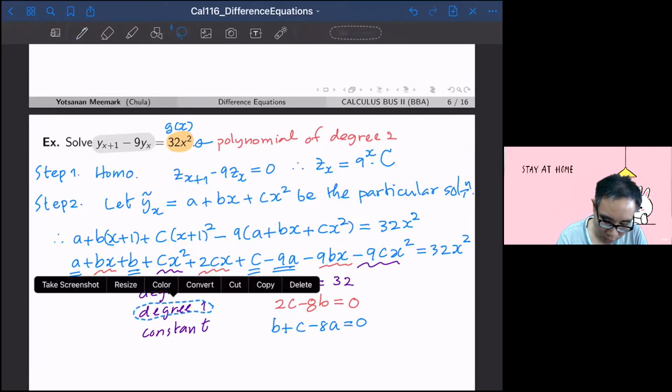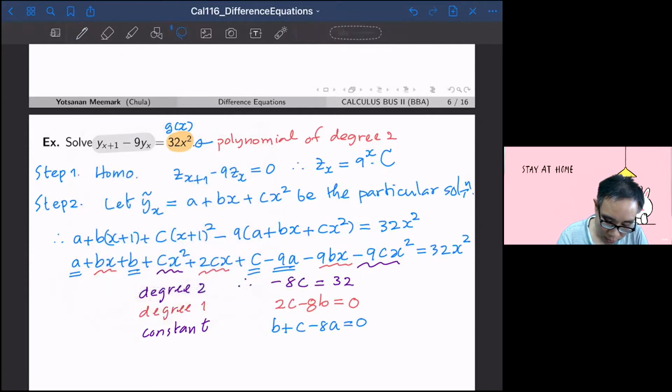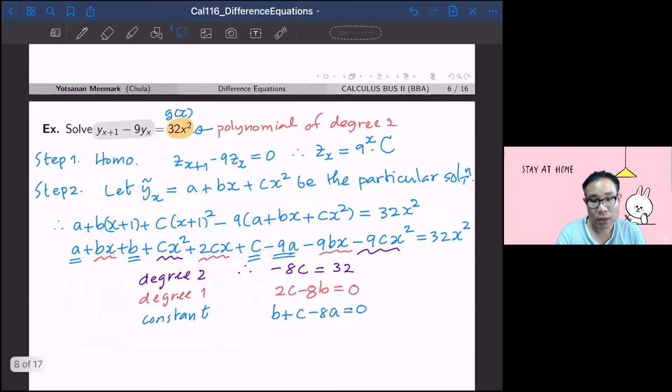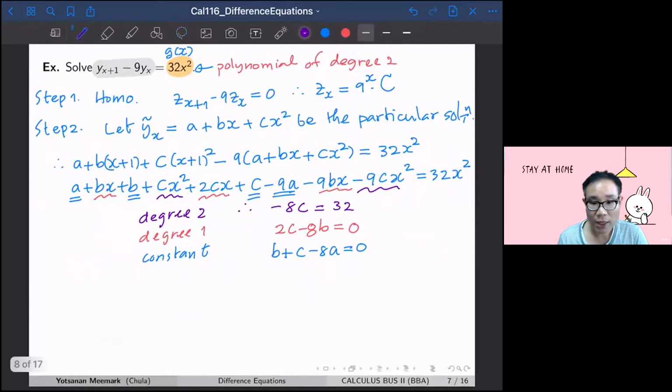Let me change the color a little bit. So it's going to be three equations like this. You see that you can solve for c equal to negative 4. So c is negative 4, and then for b, it's going to be negative 8b equal to 8, so b turns out to be negative 1.